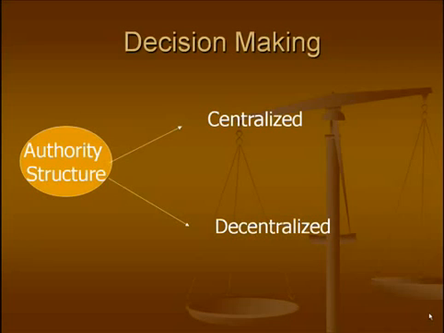A lot of countries in Europe, especially Eastern Europe, prefer the centralized form of decision-making. However, most companies in the US operate in the decentralized mode. Let's focus on the decentralized authority structure.